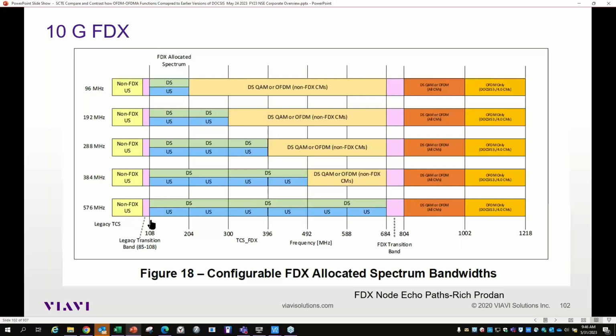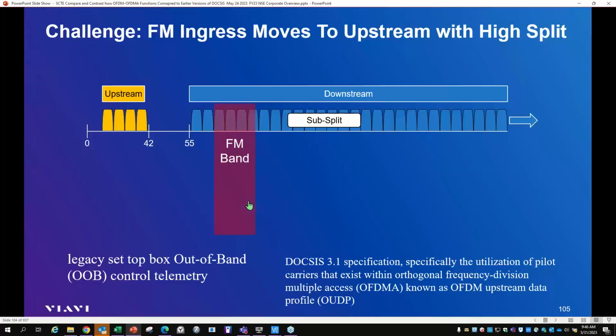Now that the system is going all the way up to 204 megahertz, where does the FM band come in? In the future we're going to expand to upstream and downstream, where the upstream can be 600 megahertz, for example, with an LTE band at 750. Well, there's another LTE band at 600 megahertz as well, right? All of this energy now becomes visible to deal with on the upstream.